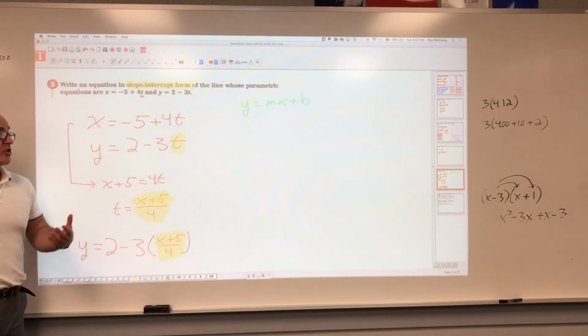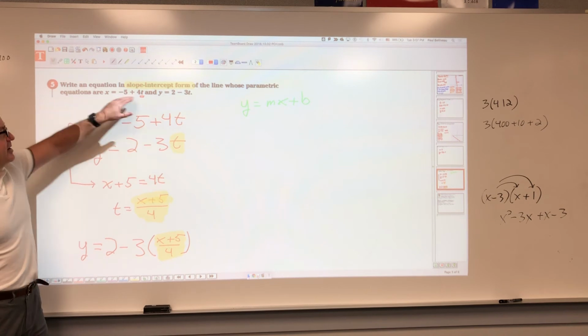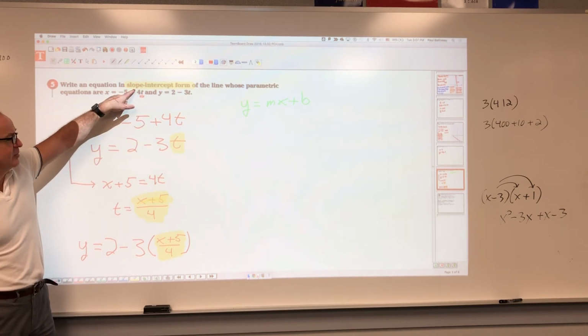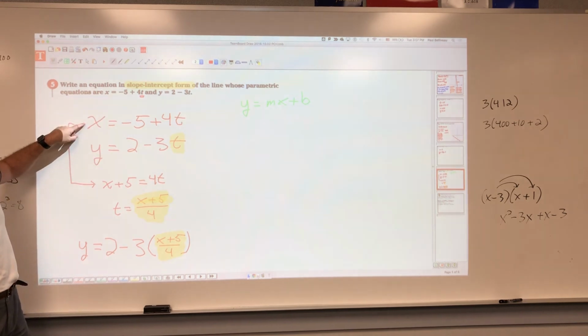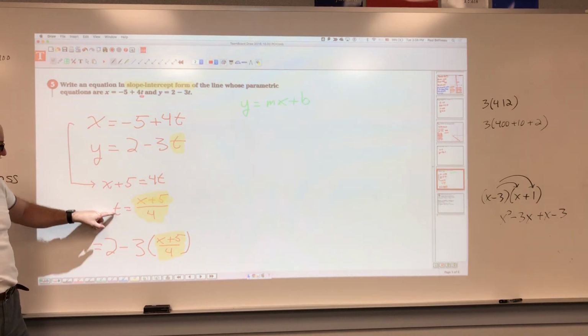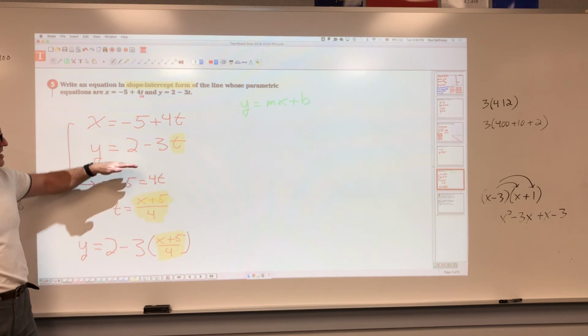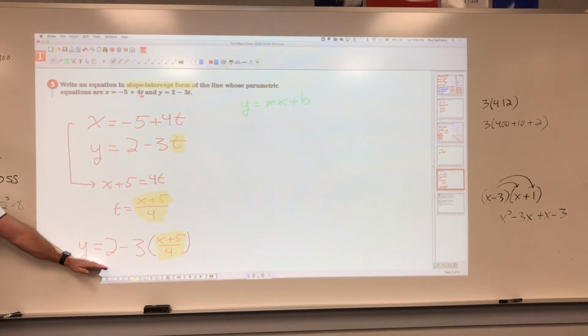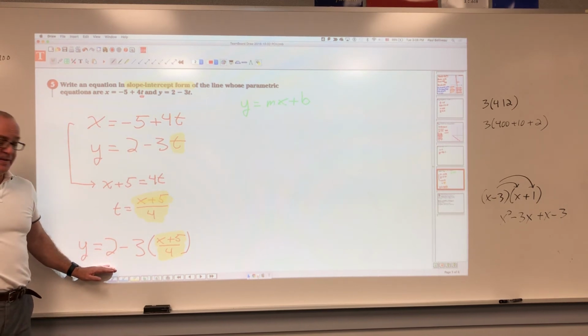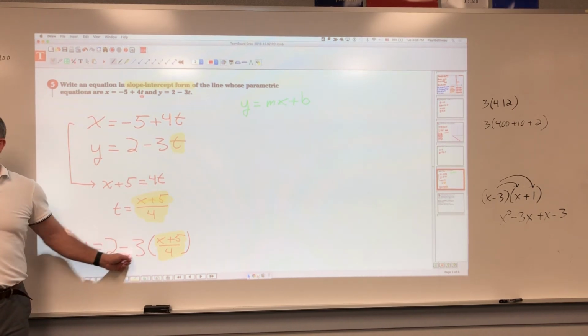Okay, so if you're told to put parametric lines into slope-intercept form, which is a fairly common instruction in a chapter like this, take the x equation, solve it for t, and substitute that back into your y parametric equation, and you've got y by itself. You are now just a few algebra steps away from having slope-intercept form. They're not pretty algebra steps, I won't lie.